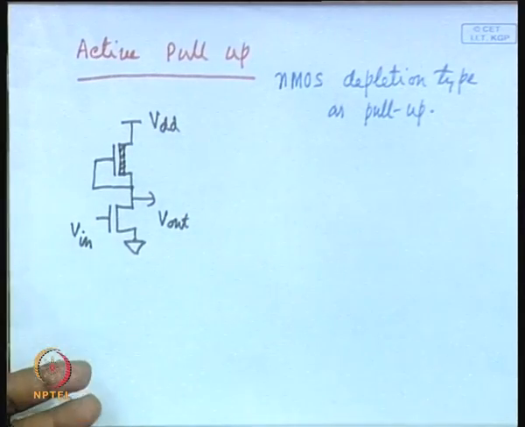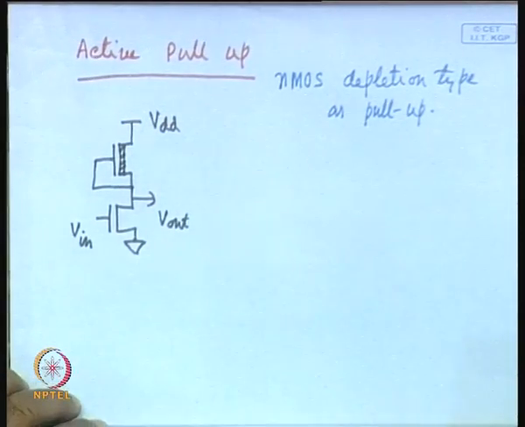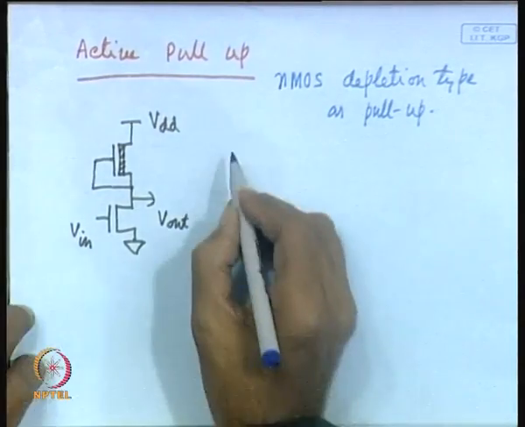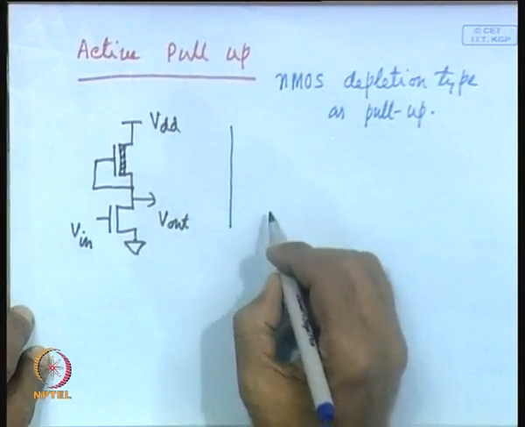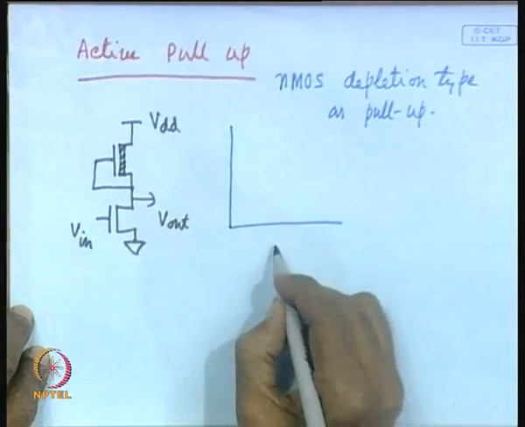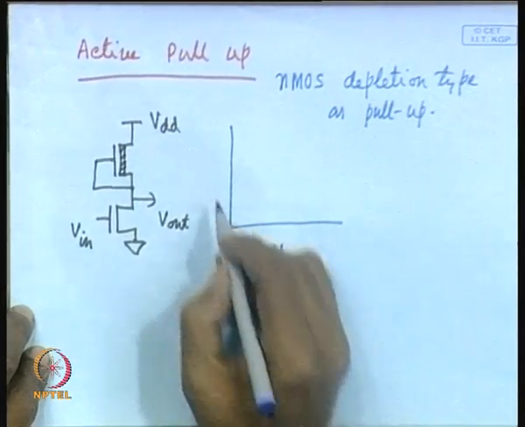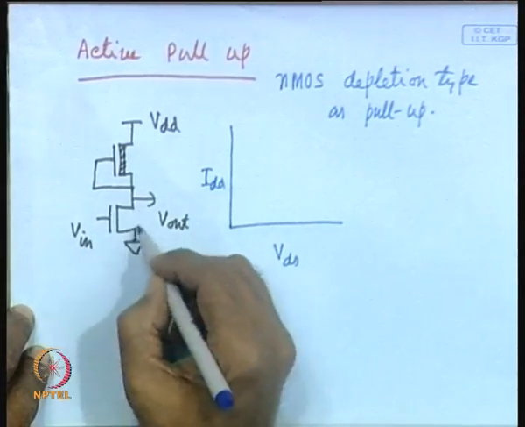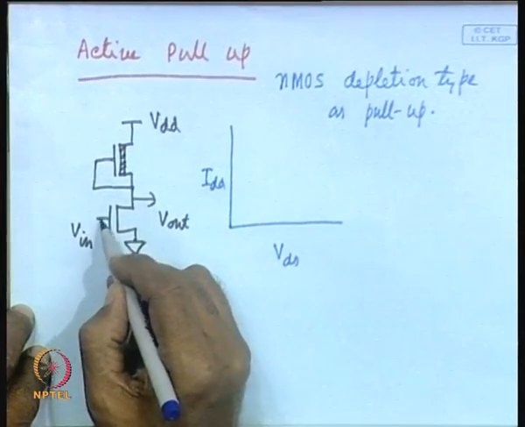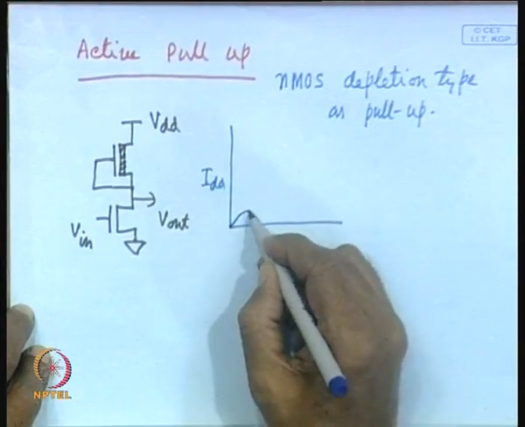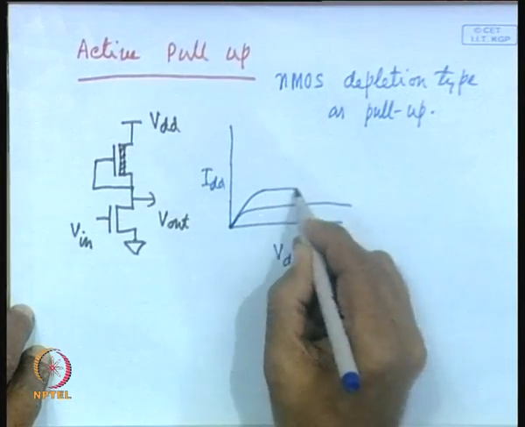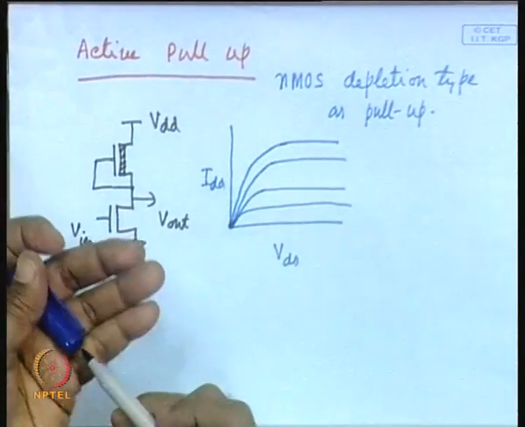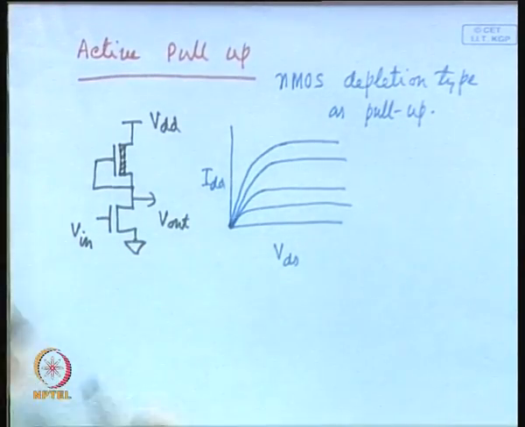So, what will be the characteristic of this device? How do you really obtain the characteristics of this device? In the same way, you can plot VDS and IDS, and since the NMOS transistor can operate with different gate voltages, you have to draw several curves for the NMOS transistor, but there will be a single curve for the pull-up transistor.